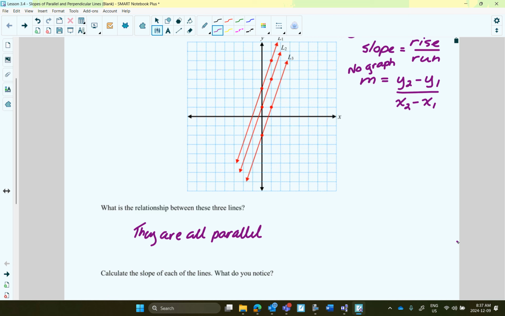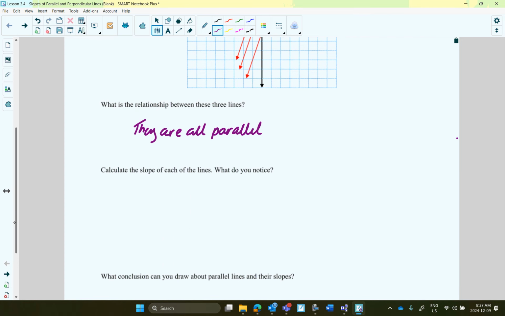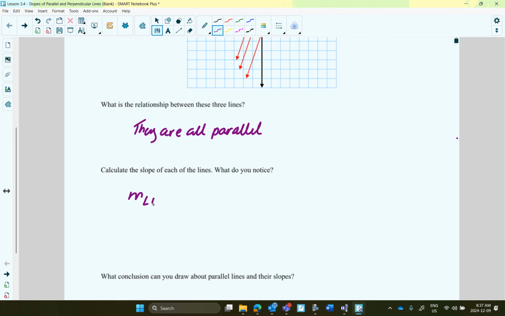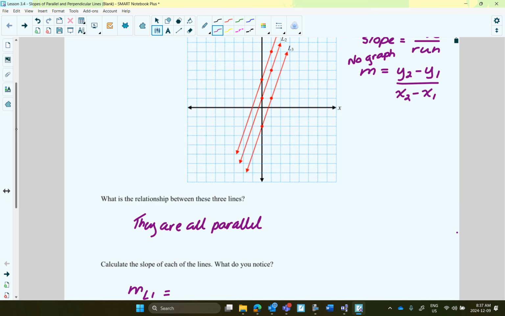Let's find the slope of each line: the slope of line 1, slope of line 2, and slope of line 3. I've given you some points on each line. We've got the graph, so let's use rise over run.